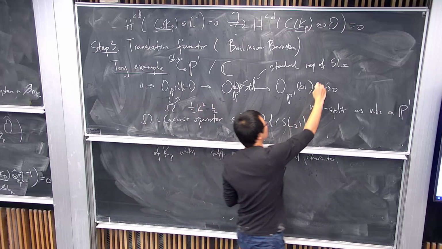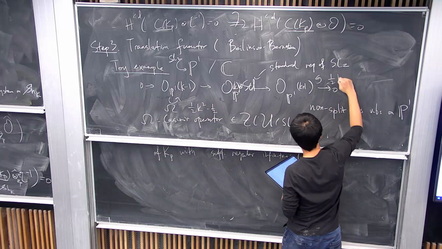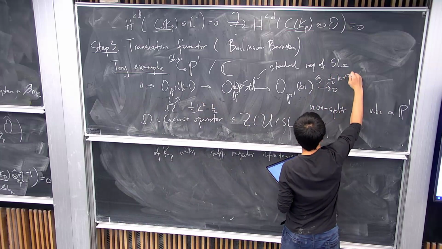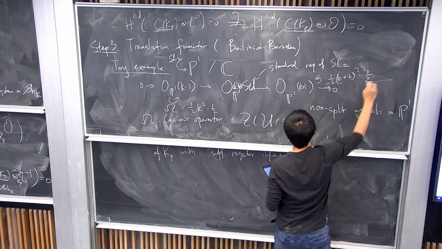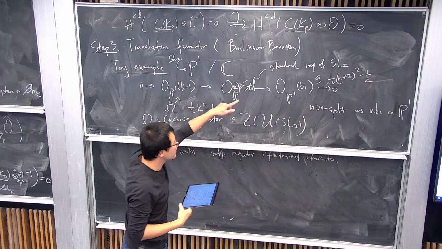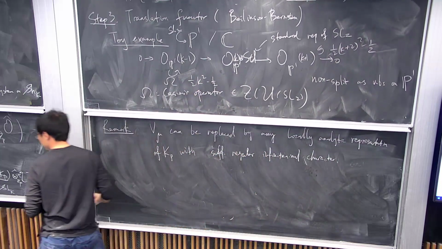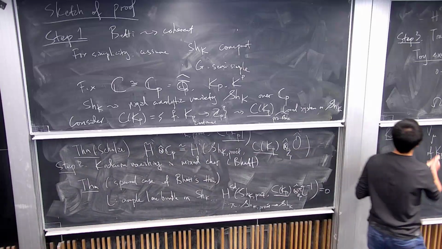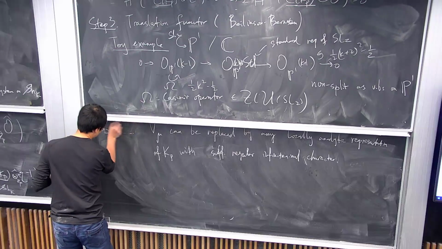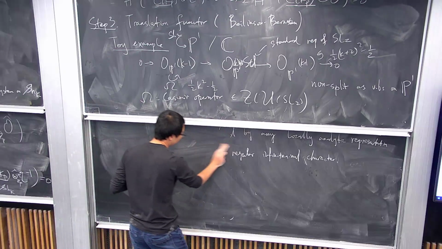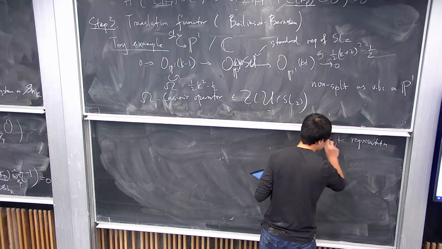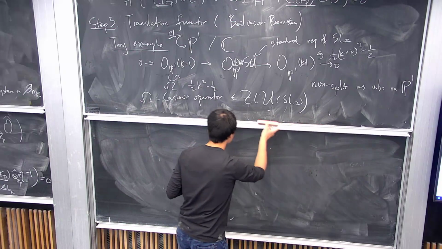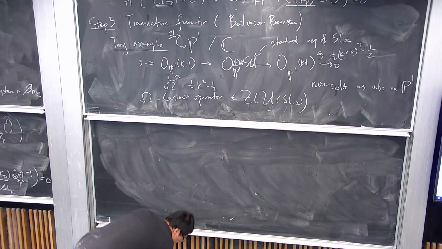And the section here is half K plus Q squared minus 1/2. So this is quadratic in K. So we know that if K is not equal to the center, it is -1. Then these 2 eigenvalues are different. So you just get a splitting using the action of the Casimir operator.